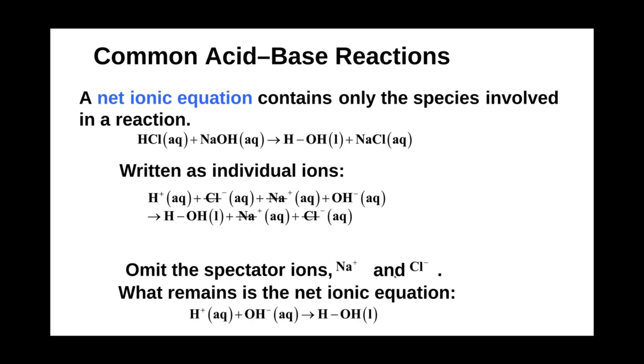We don't really care about the sodium or the chlorine. We only care what's happening to the protons and the acceptors, the B in our Bronsted-Lowry base. So we can simplify this equation as hydrogen plus hydroxide gives us water. That's it. We're just omitting the sodium and the chlorine here.